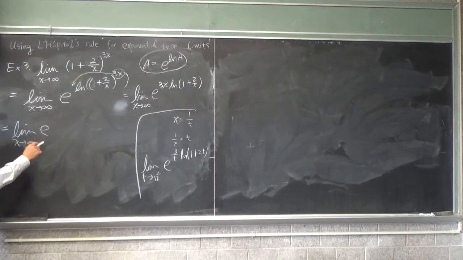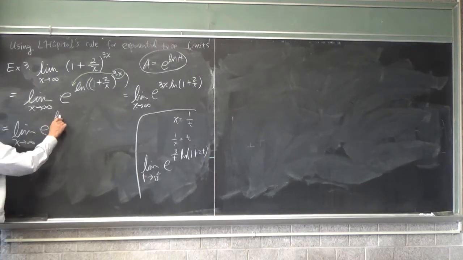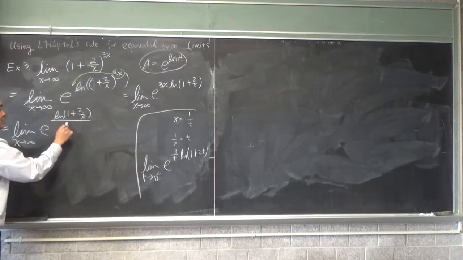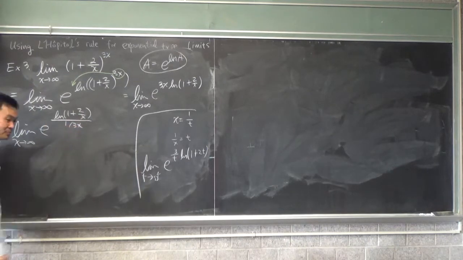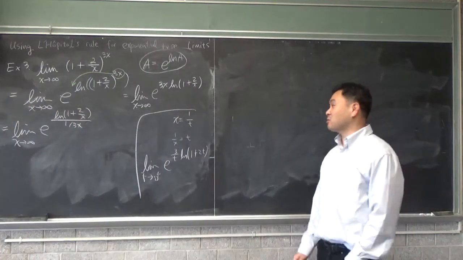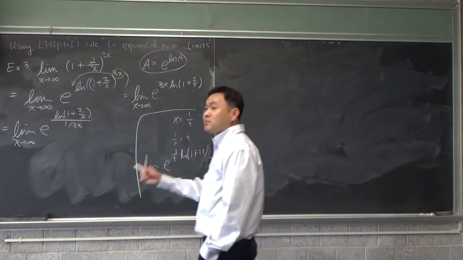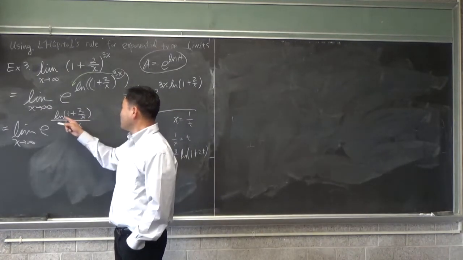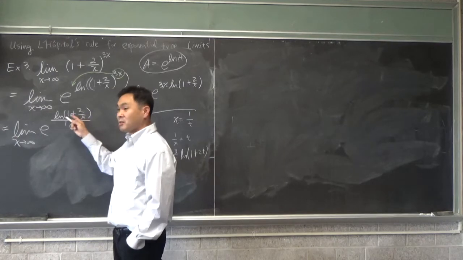So you think of it as ln of 1 plus 2 over x divided by 1 over 3x. If you divide by the reciprocal, that's the same as multiplication. Okay, now let's see what this looks like. If you plug in infinity, then you get ln of 1, right?